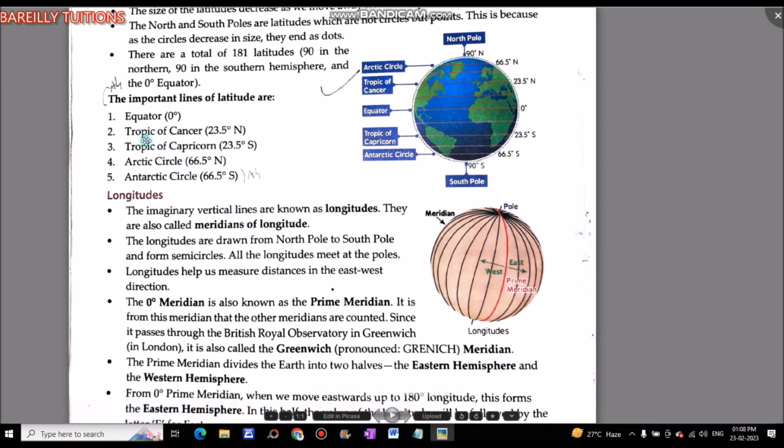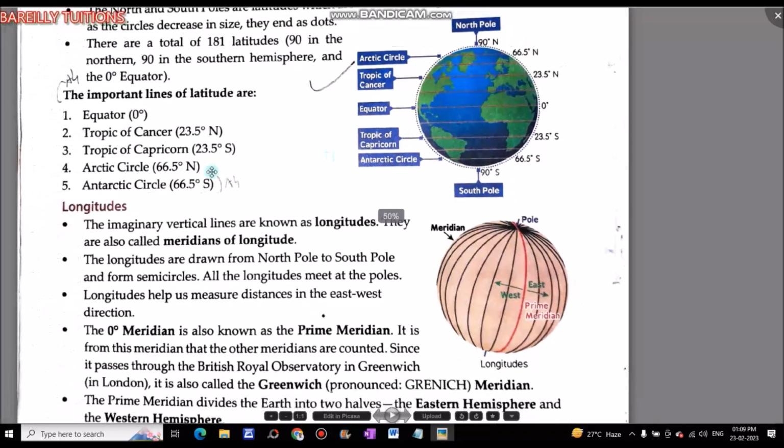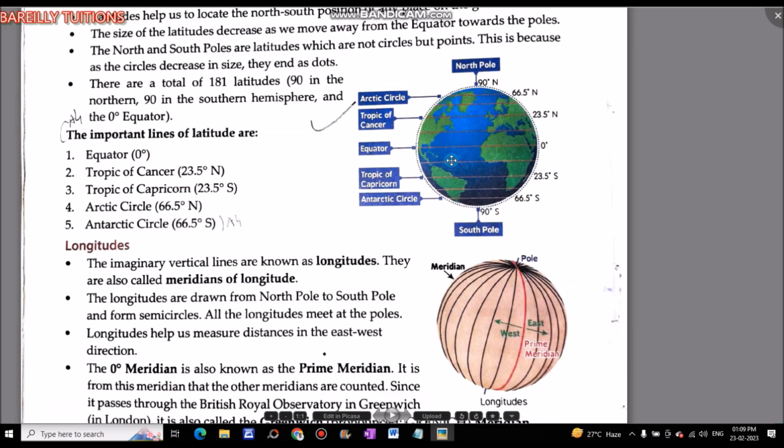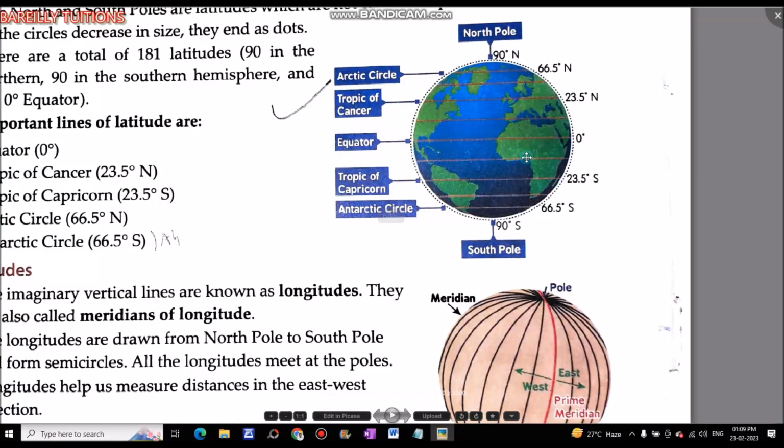Here are some important lines of latitudes. First is 0-degree equator. In this diagram, you see equator 0-degree.